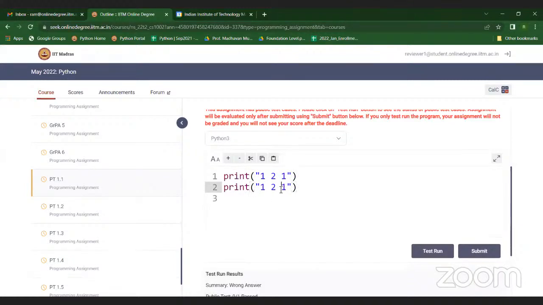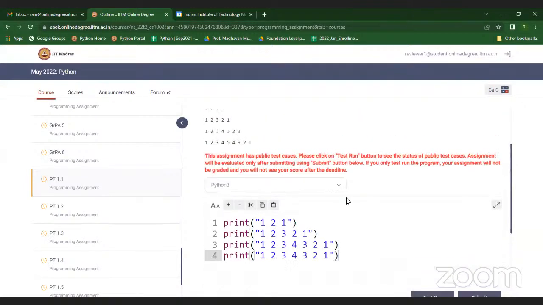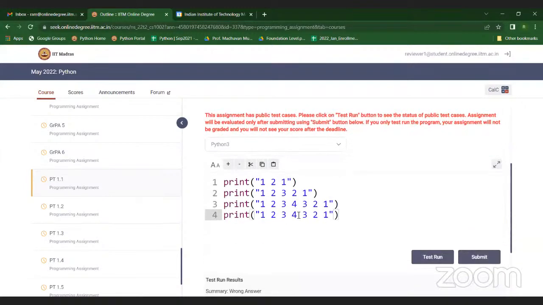I can use this 3 space. Until 5 we have. Okay, that's it, right?